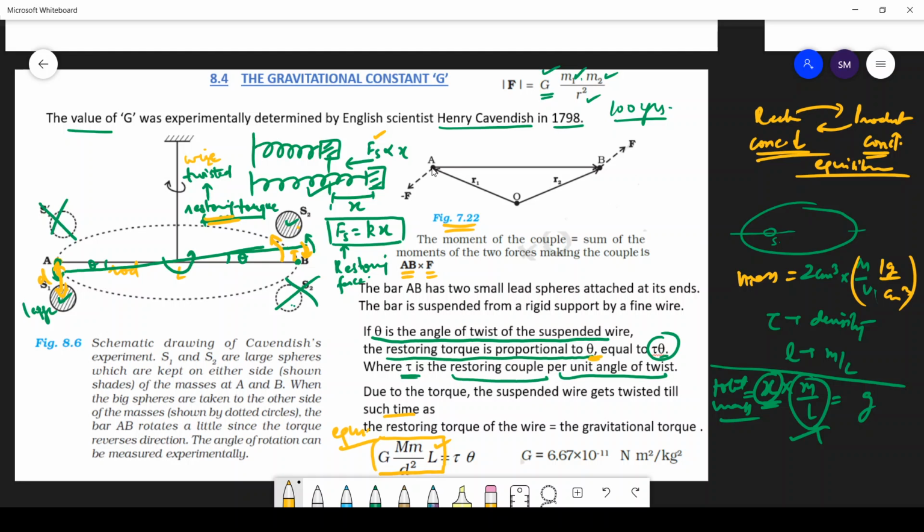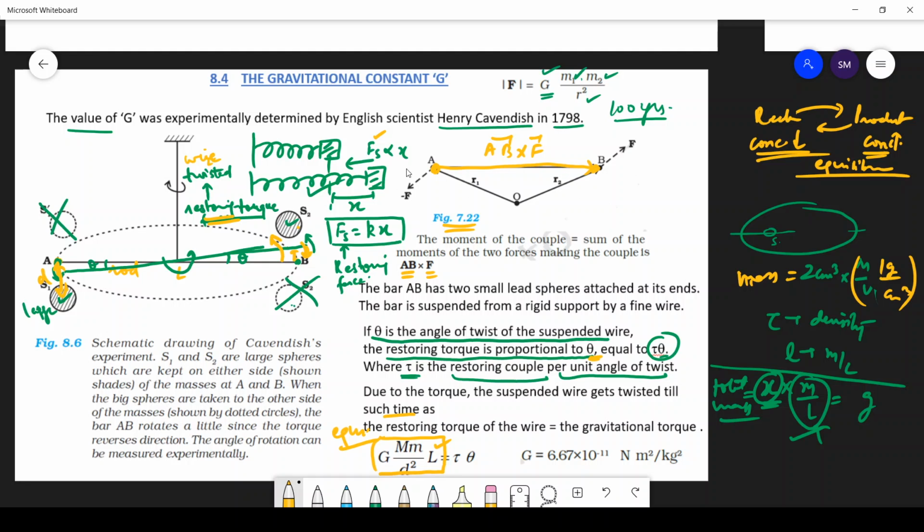When we have two forces in equal and opposite directions, like in this case, what is the net torque acting on it? Net torque is AB cross F. What is the magnitude? Magnitude is simply the length. So here this is the same case.